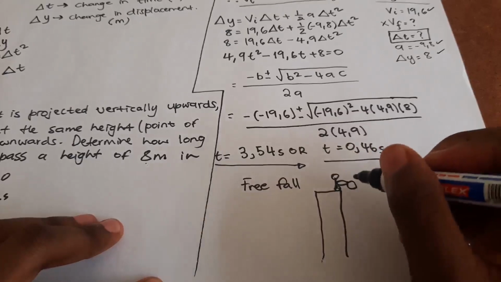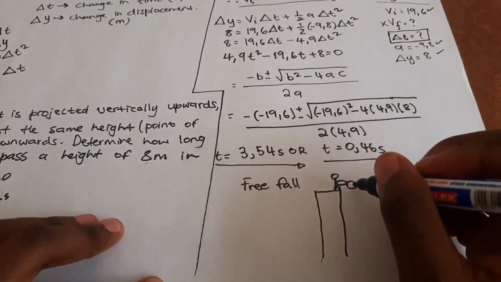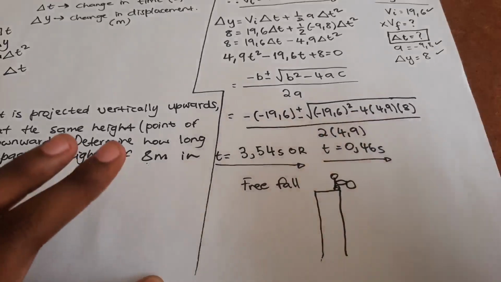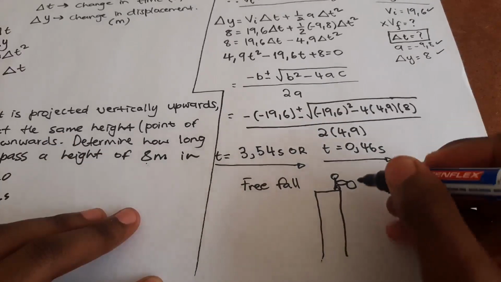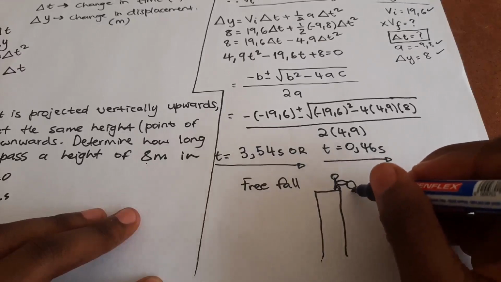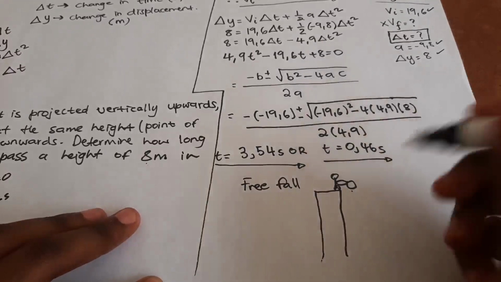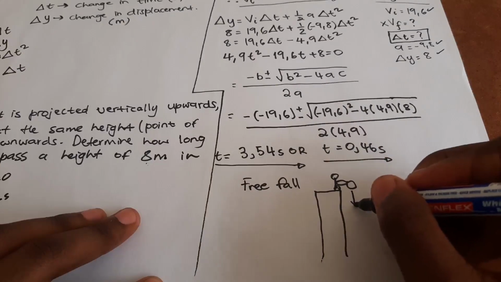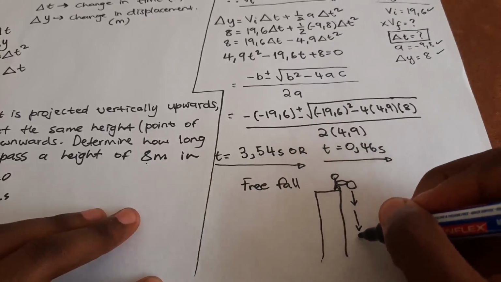I'm going to drop that ball, meaning I remove my hands from it, and that ball is suddenly accelerated downwards by the force of gravity, 9,8, the gravitational acceleration. So this is called free fall.